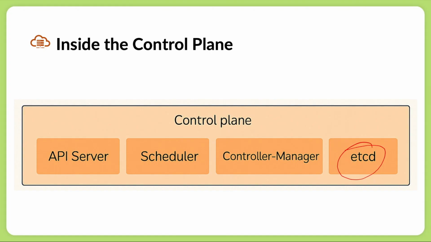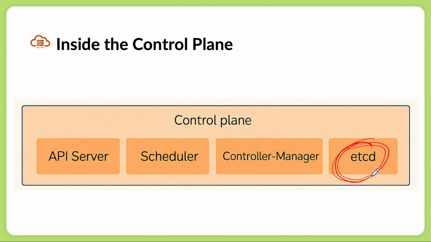This is basically a database where Kubernetes stores all information about the entire cluster: how many containers are running, how many containers need to be running, what is the configuration of these containers, where the secrets are, the number of nodes, namespaces, everything.